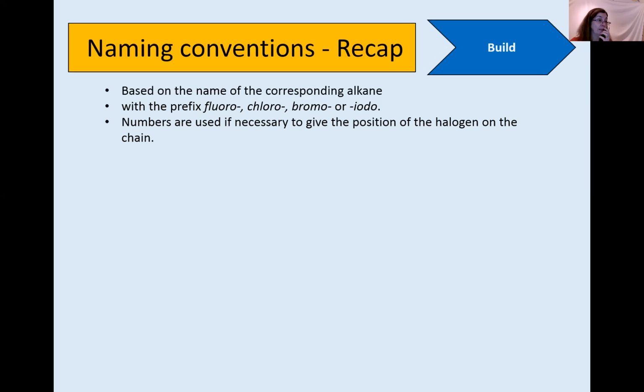So it's the smallest number. And then we use the prefixes di, tri, tetra, which is 2, 3 or 4, if there's a multiple of the halogen. So it's alphabetical order in terms of the halogen, and then we put di, tri and tetra in front of it if we've got 2, 3 or 4 of those chloros.